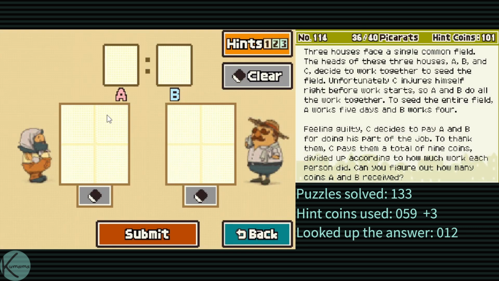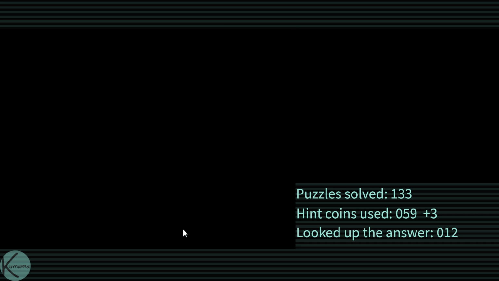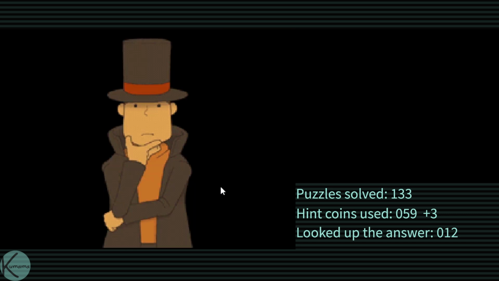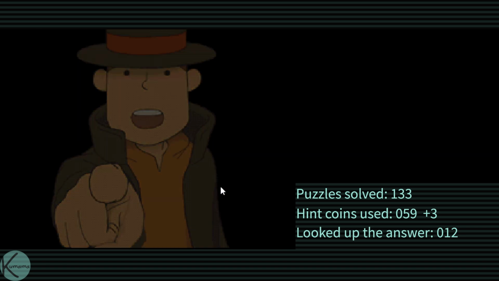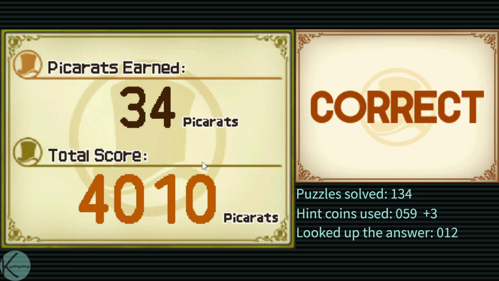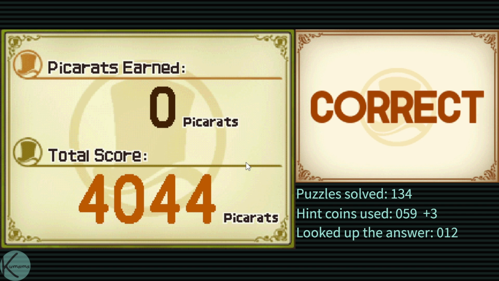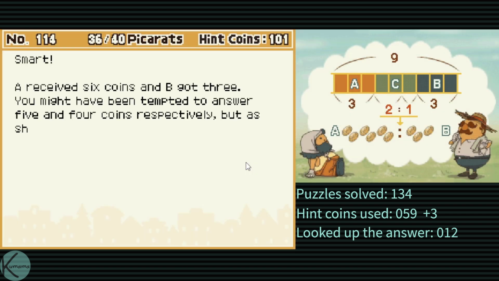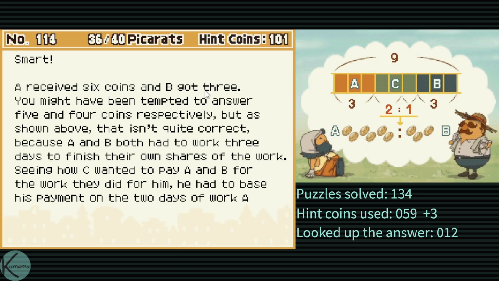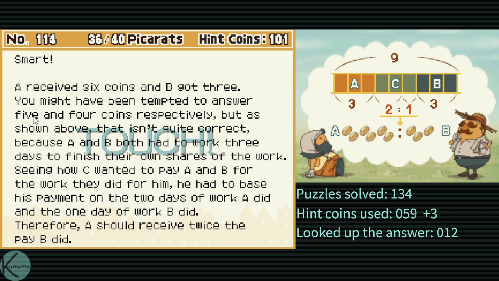It'd be 6 and 3. And now to test my theory. Okay. I was like, Ha! All right. Wonderful. Smart. A received 6 coins and B got 3. You might have been tempted to answer 5 and 4 coins respectively, but as shown above, that isn't quite correct.